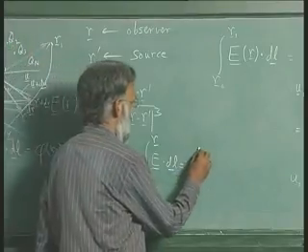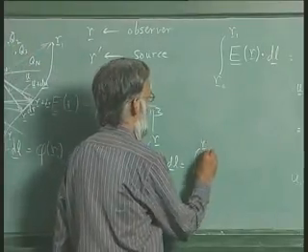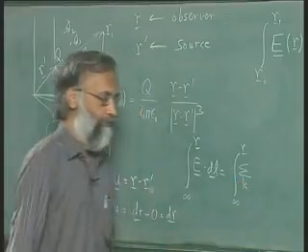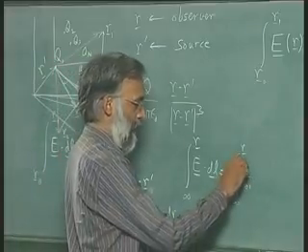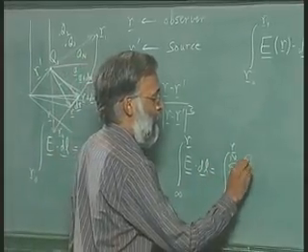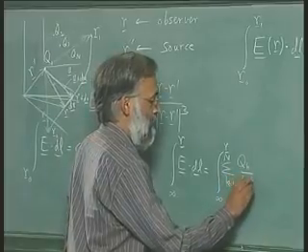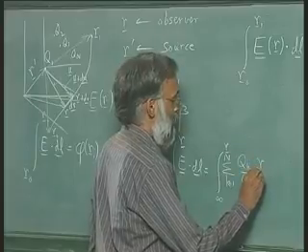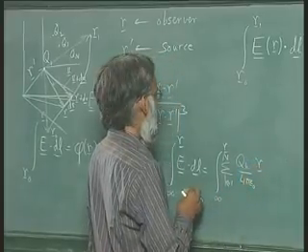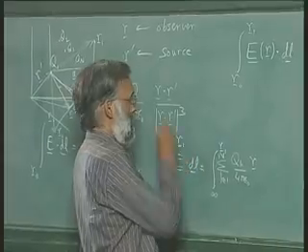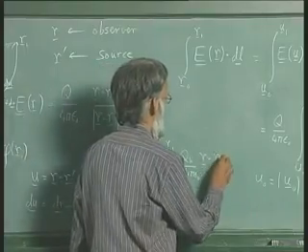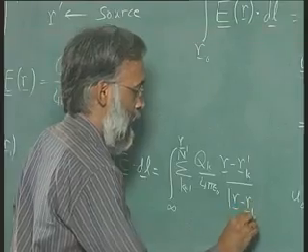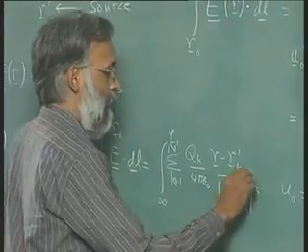So, I can write this as the integral from infinity to r of the summation over k equals 1 to n of q sub k over 4 pi epsilon naught times r minus r prime k divided by the magnitude of r minus r prime k cubed, dot dl.